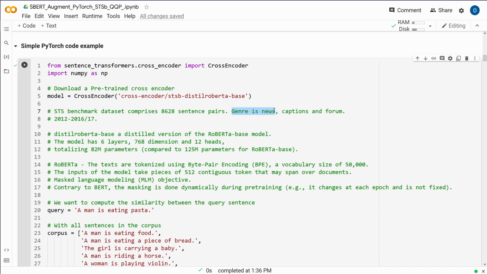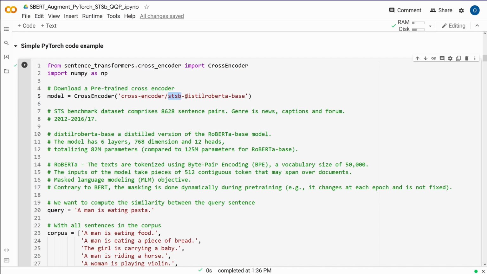The genre here is news, captions, and forums for open discussion, and the time is about 2012 to 2016, maybe even 2017. This is the first part of our pre-trained model. It is trained on this benchmark dataset with 8,000 sentence pairs.